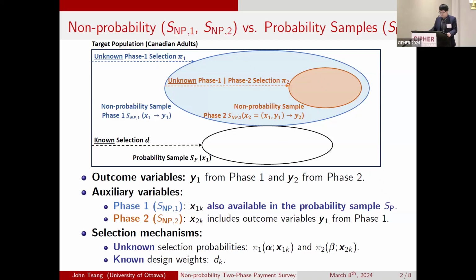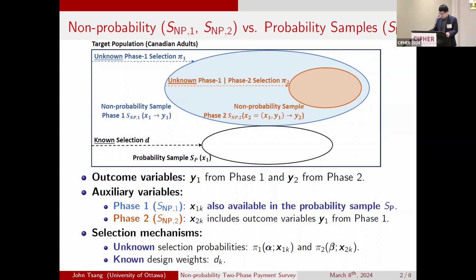So let me start with the general setting of this case study. This case study involves a non-probability sample S_NP from the Bank of Canada, denoted in this diagram as the colored circles, and a probability sample S_P from StatsCan, the black and white circle in the diagram.